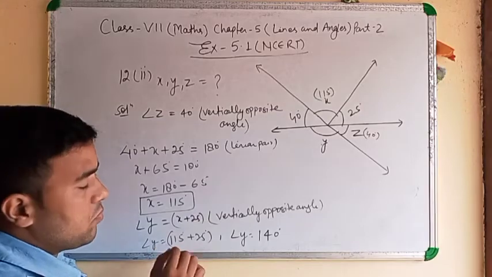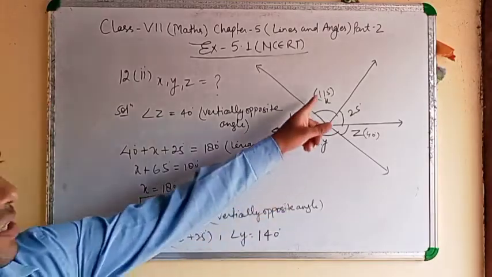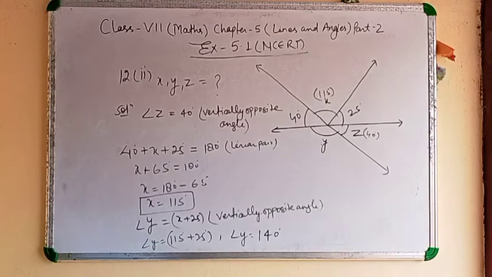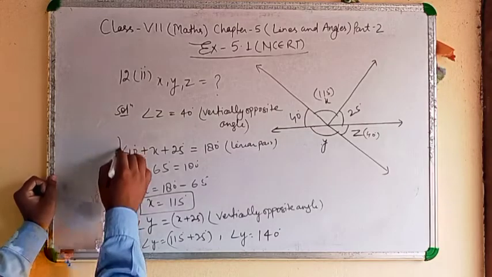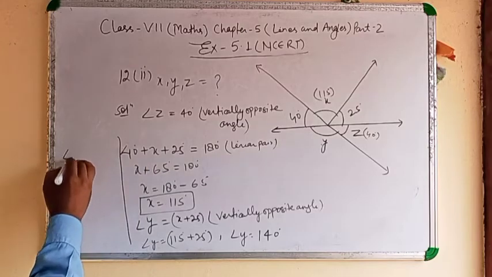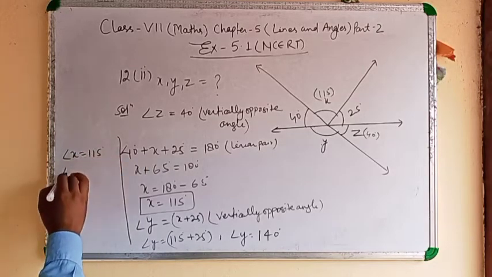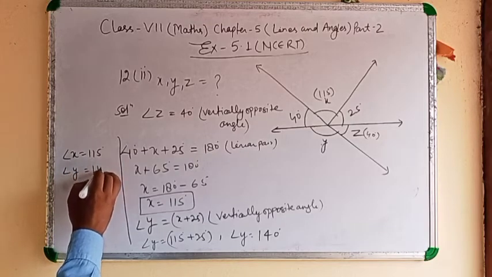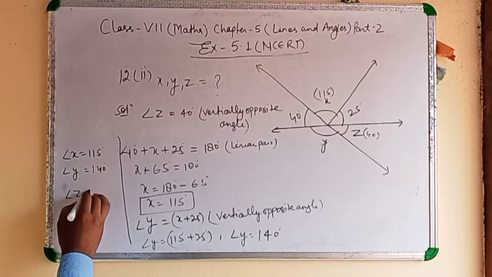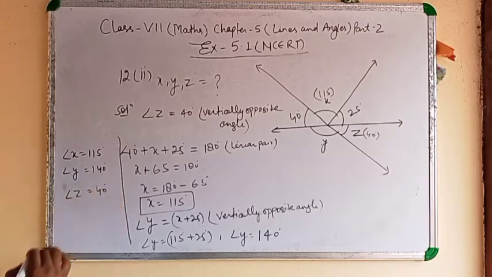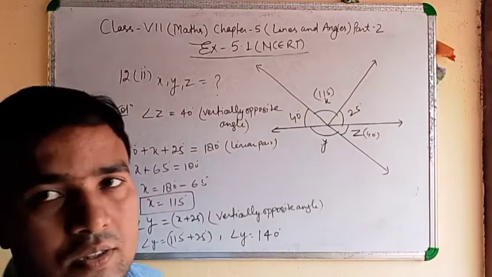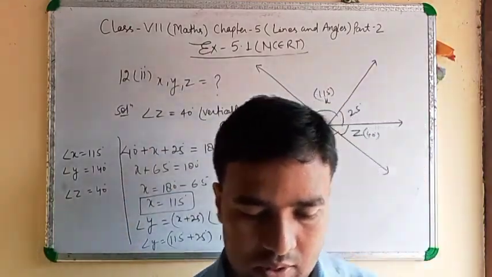After that, y equal to, put the value of x. x equal to 115 is coming. 115 plus 25 is 140 degrees. So you can write angle x equal to 115, angle y equal to 140, angle z equal to 40 degrees. Clear? It is the answer of 12 second.